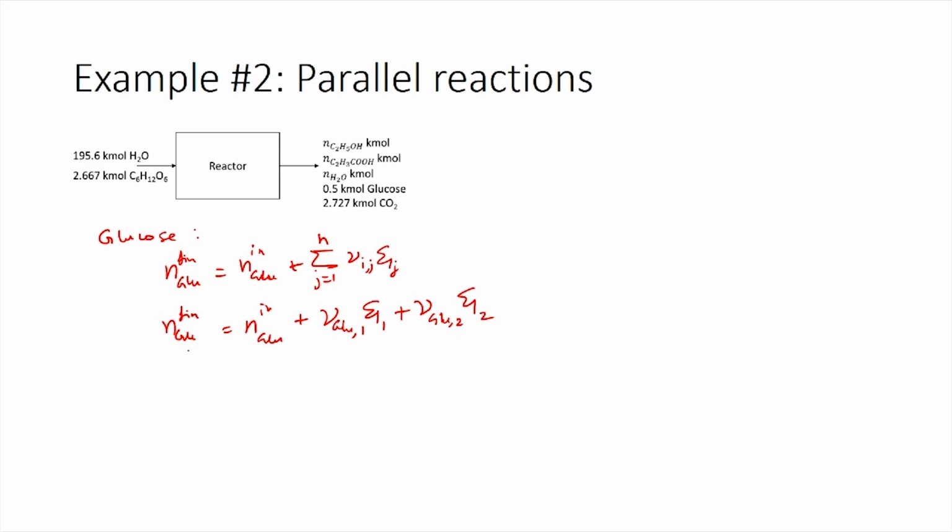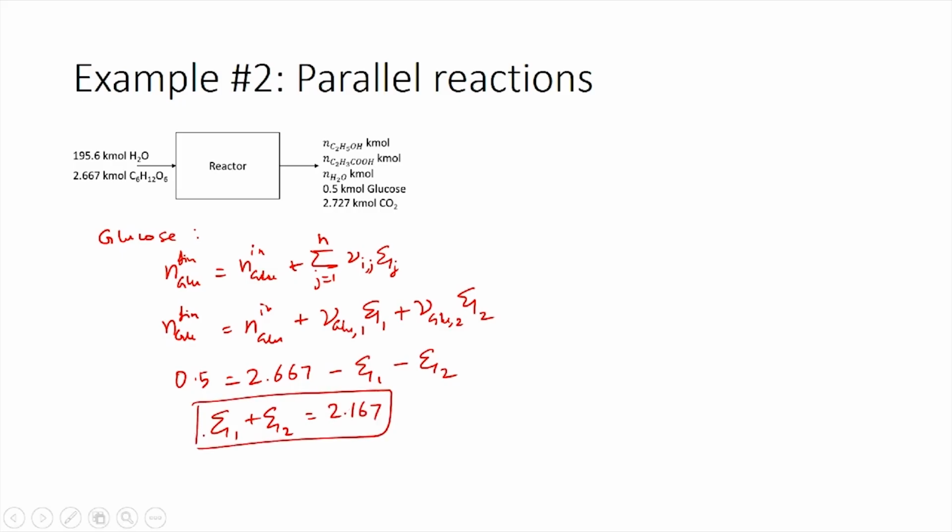Taking that into account, the balance equation would look like 0.5 equals 2.667 minus the extent of reaction for reaction 1 minus the extent of the second reaction, giving you the summation of the extents of reaction as 2.167. So, this is one equation.